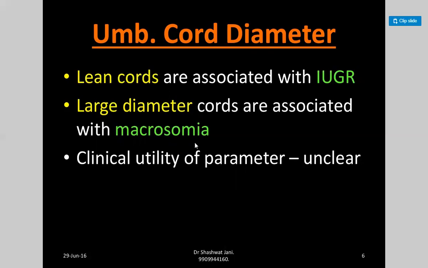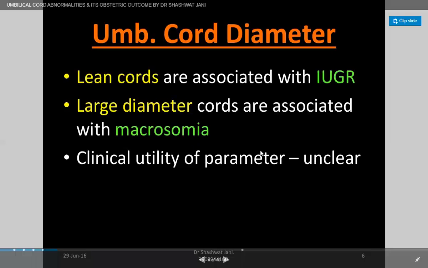A large diameter is associated with macrosomia, when the weight is more than normal. In IUGR, the growth of the fetus is not up to the mark for the duration of pregnancy. And what is its clinical utility as a parameter? It is unclear. We don't know as such.